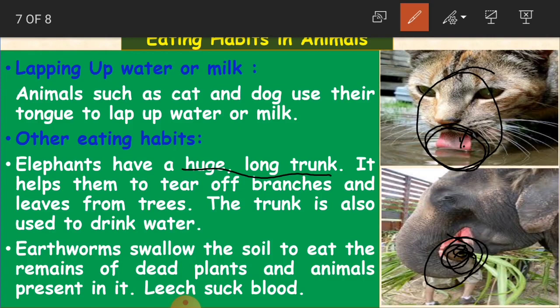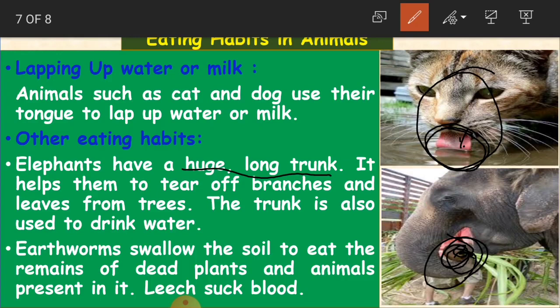Earthworms swallow the soil to eat the remains of dead plants and animals present in it. Yesterday we saw earthworms in our slides, no children? They live in soil. And what is their food?